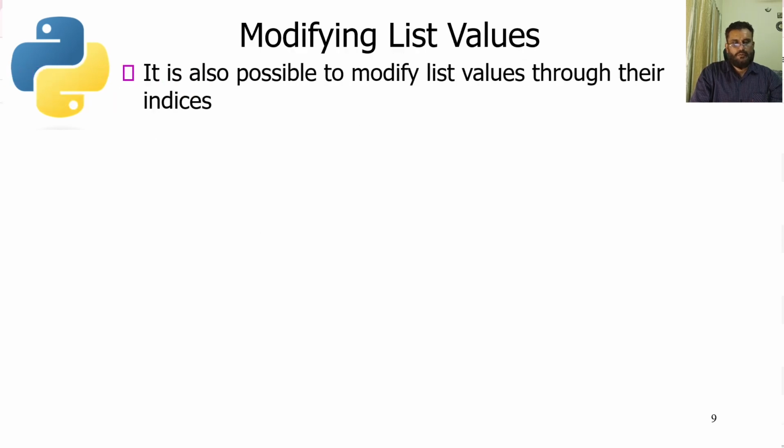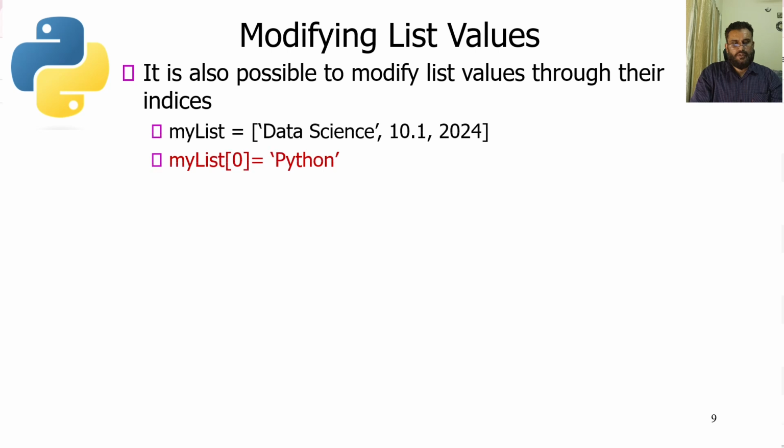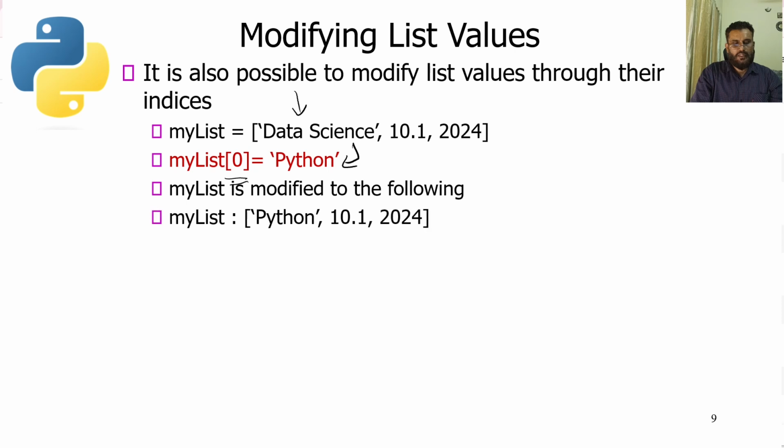It is also possible to modify values at the indices of the list. This means that the list is a mutable data type. For example, if I want to change the contents of the first index, I can just access that index, my list 0, and assign it a new value, which in this case is Python. After this operation, when I print my list, the element at the 0th location will be changed to Python instead of data science.